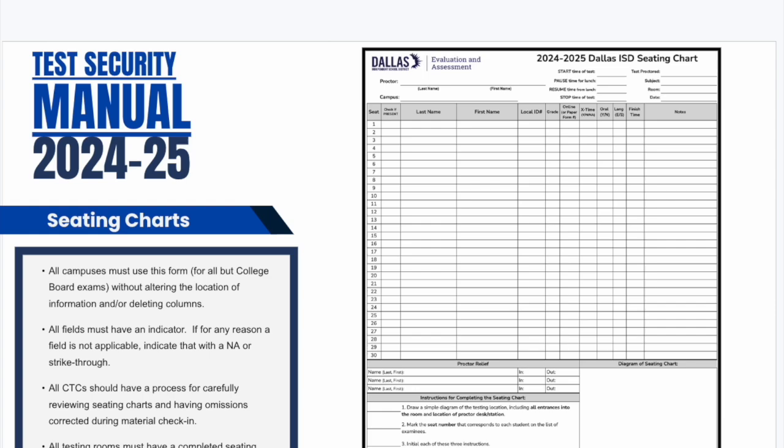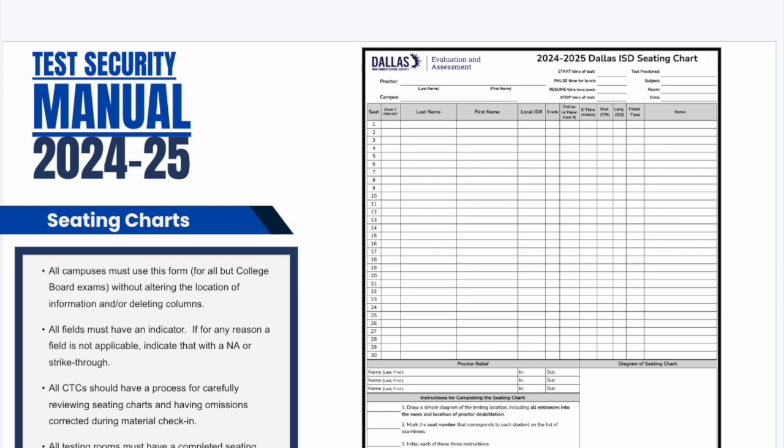Now, seating charts. Seating chart forms have to be completed with all the information. Accuracy and completeness is the responsibility of all, not just the testing coordinator. All campuses must use this form for all exams without altering the location of information and or deleting columns. All fields must have an indicator.